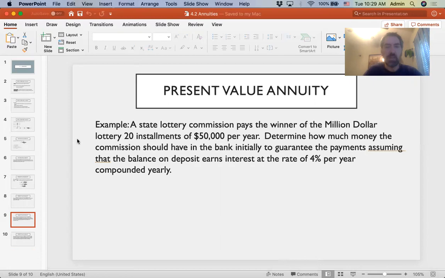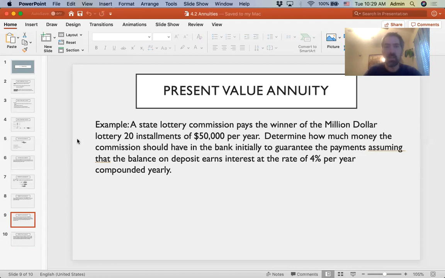In this example, we have a state lottery commission that pays the winner of the $1 million lottery in 20 installments of $50,000 per year. So 20 installments times $50,000 comes up to $1 million. If they're making 20 installments over 20 years, how much should they have at the beginning of those 20 years?